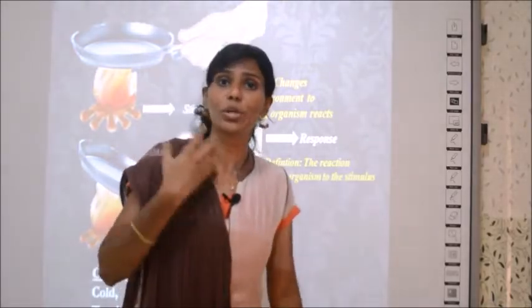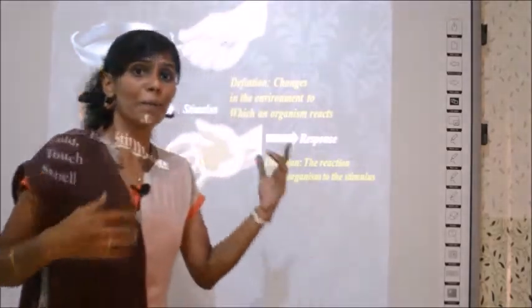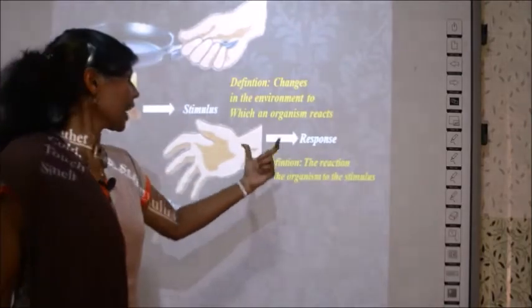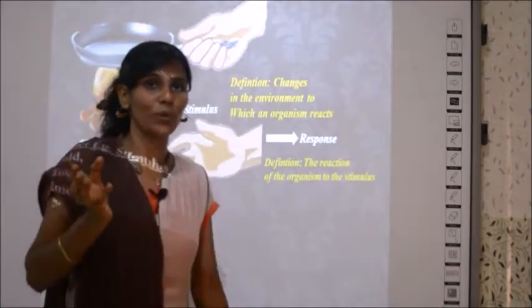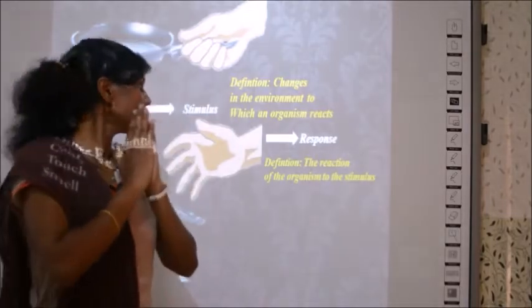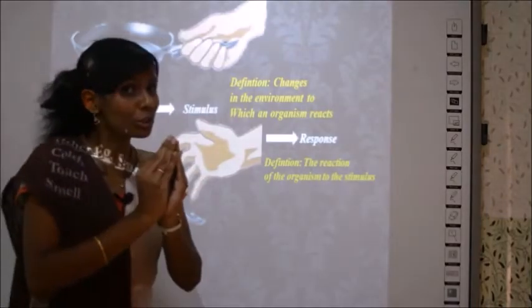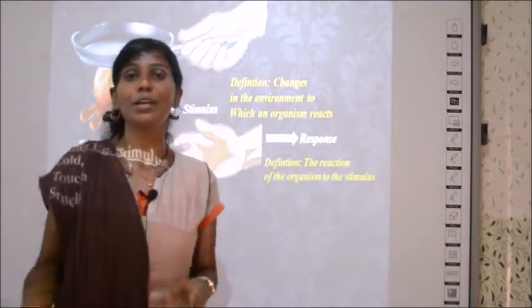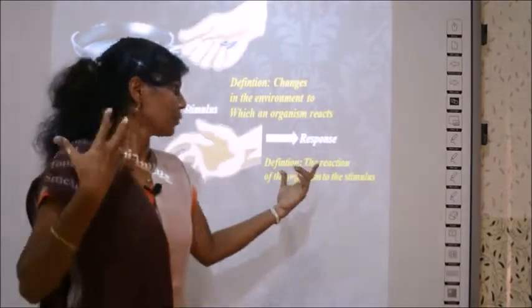To what? Because of what he took away his hand? Because of the heat. So the stimulus is the heat and the reaction was taking away his hand. So you can define response as the reaction of the organism to the stimulus. A man taking away his hand from the heat is the response.